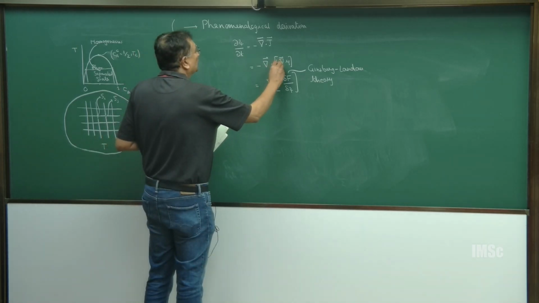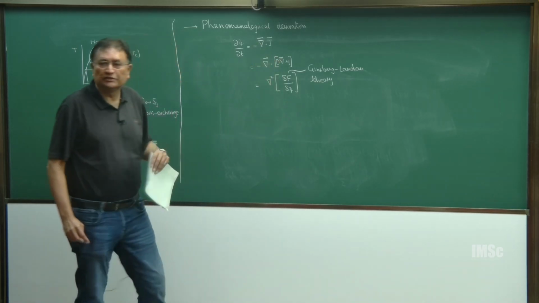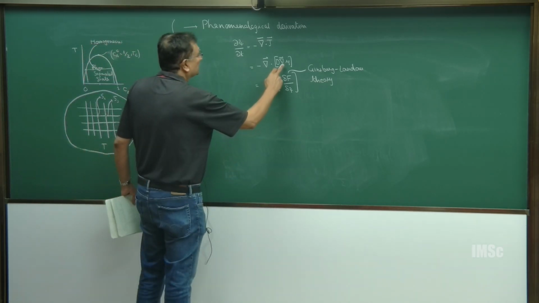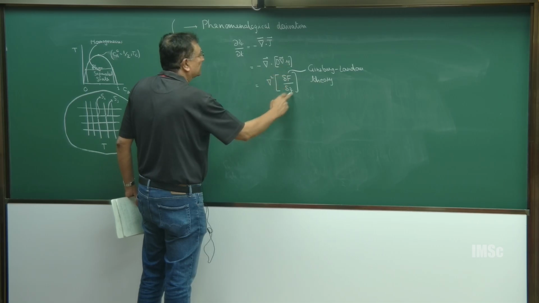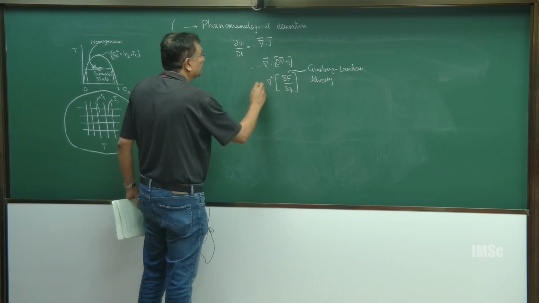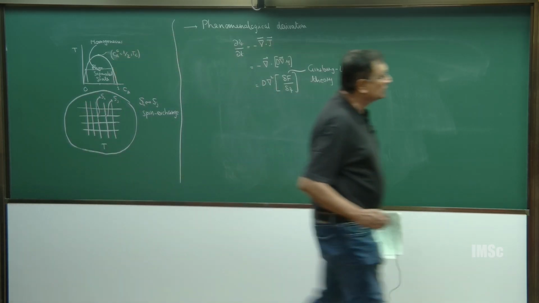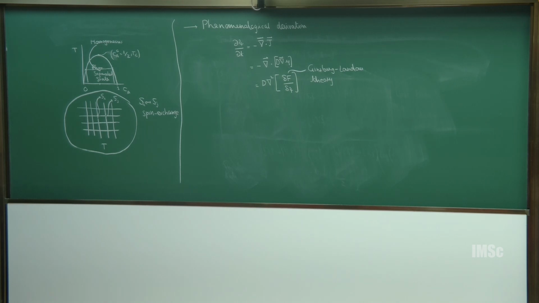If you want, you should actually put in a constant diffusion constant out there, and then the chemical potential is the gradient of the free energy. So that just gives you del square del f by del psi, and of course what you have in brackets is del f by del psi. Okay. So that's the argument.